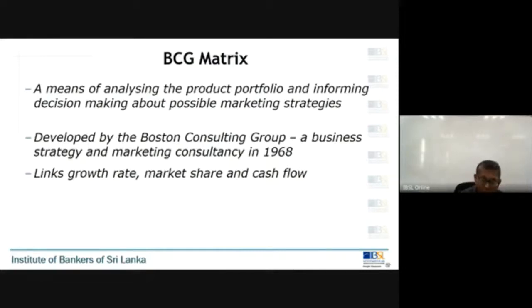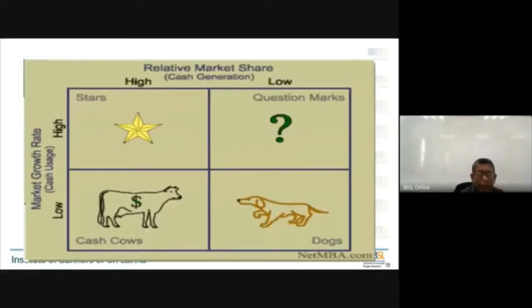But now we have a lot of software packages to analyze all these things. So they have identified 4 types of quadrants here based on the relative market share and the market growth. Your entire product portfolio can be put into these 4 slots: question marks, stars, cash cows, and dogs.